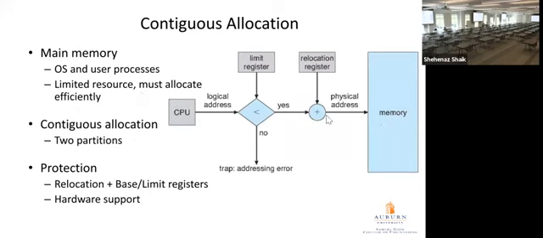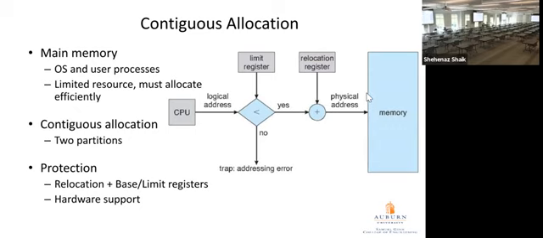Okay, and whenever the address binding is performed, the operating system, as part of the memory management unit, should be able to ensure that all the references made by the process are only to valid locations.